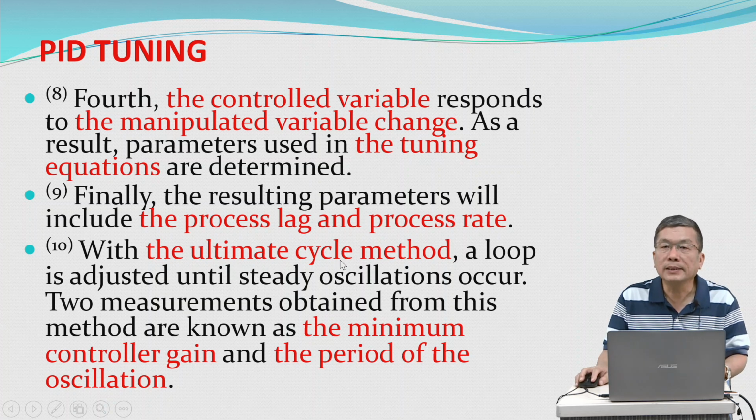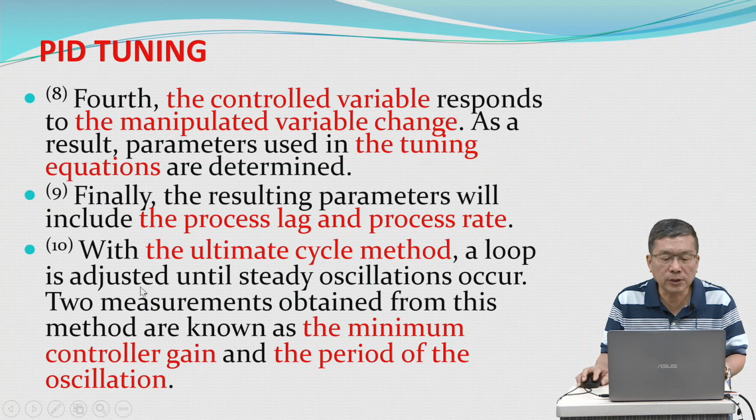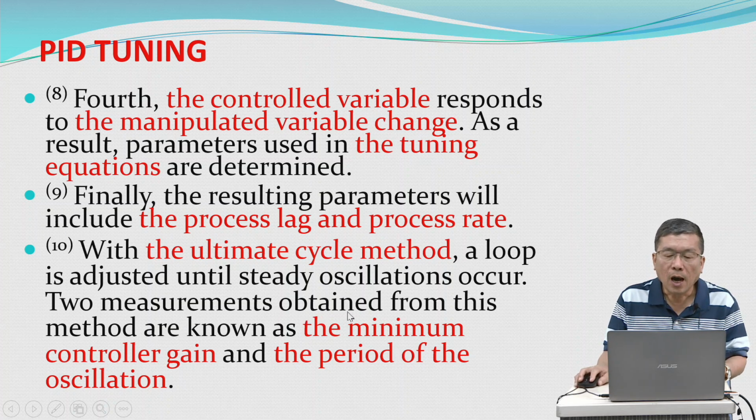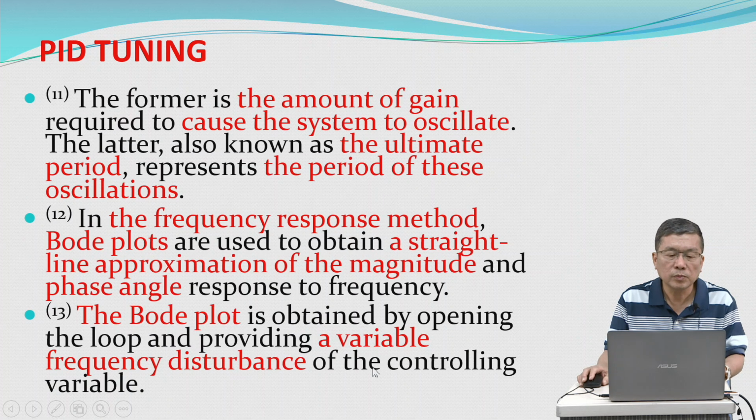With the ultimate cycle method, a loop is adjusted until steady oscillations occur. 2 measurements obtained from this method are known as the minimum control gain and the period of the oscillation. The former is the amount of gain required to cause the system to oscillate.